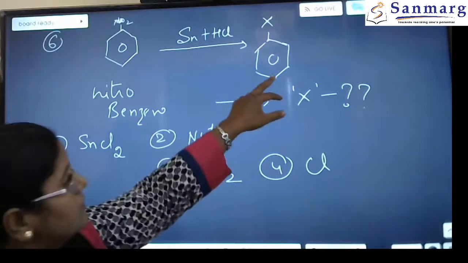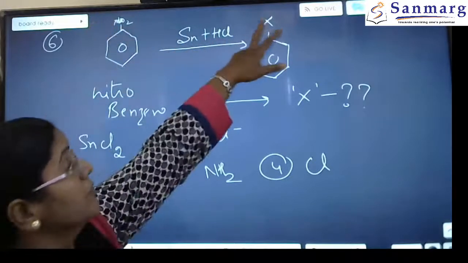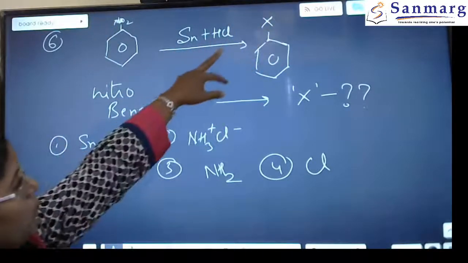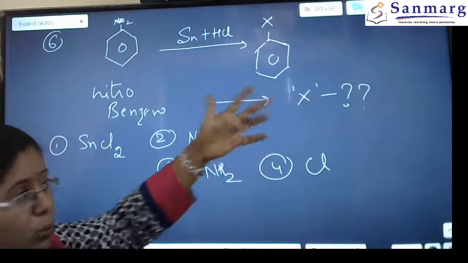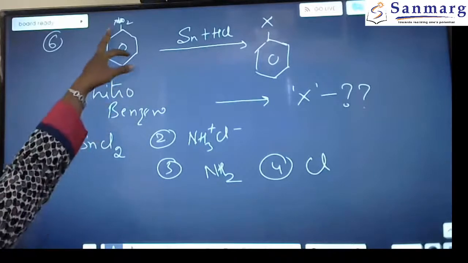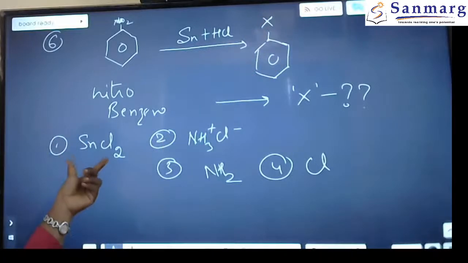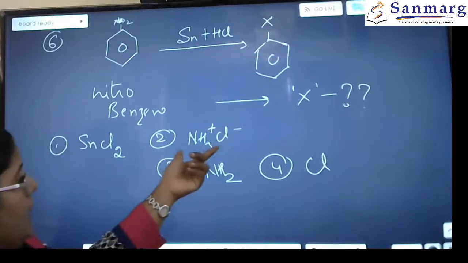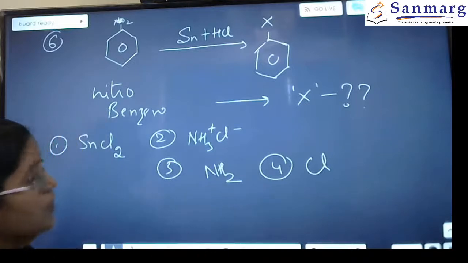You get benzene ring attached to X. Complete the reaction. What does nitrobenzene convert to here? Whether it is stannous chloride, NH3 plus Cl minus, or NH2. So it is a simple reduction reaction.